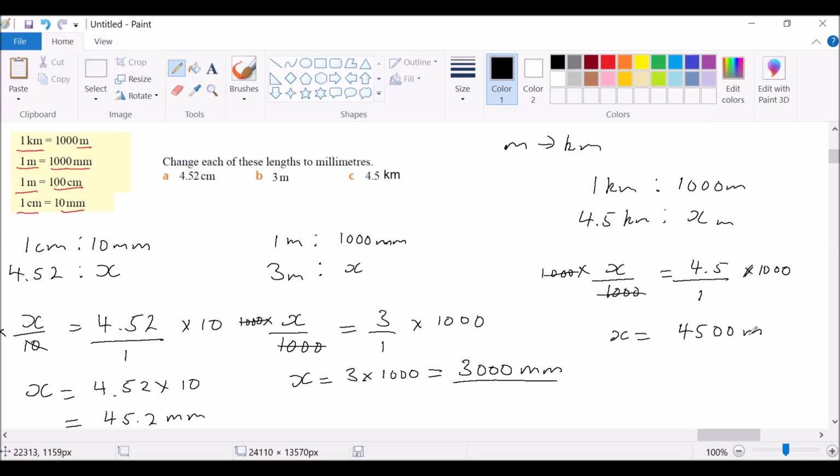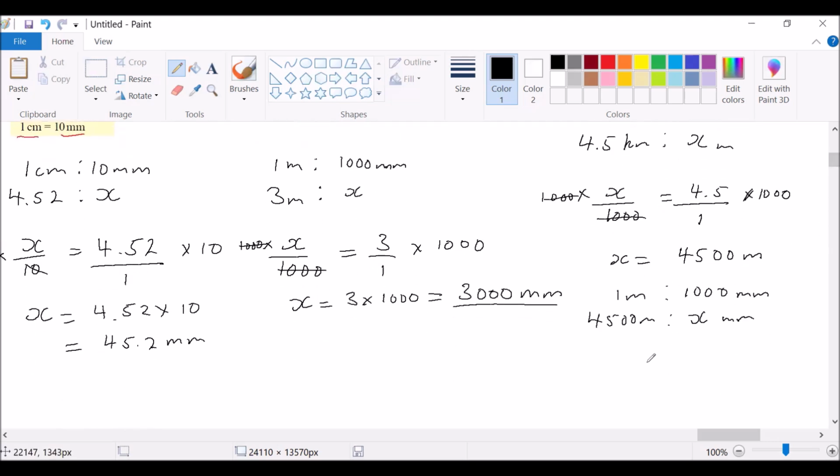Here we are left with x is equal to 4.5 times 1,000, which is 4,500 meters. But we still haven't converted to millimeters. We use this value and the conversion from meters to millimeters. 1 meter is to 1000 millimeters. 4500 meters is to x millimeters. Now we use this ratio to say x over 1000 is equal to 4500 over 1.